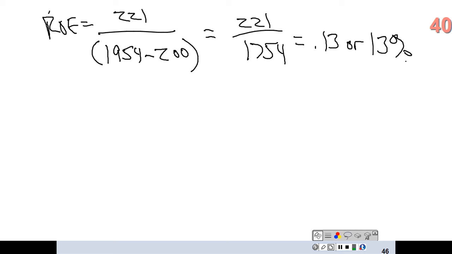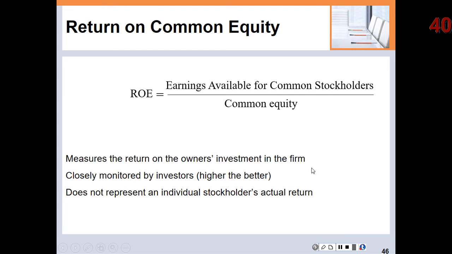And that's not actually the case. That's not what you earn. So if we go back and take a look at the ratio, it says this measures the return on the owner's investment in the firm. It's closely monitored by investors, but it does not represent an individual stockholder's actual return. It's just how much is the company making on the stockholder's equity portion that they have provided. So, ROE.